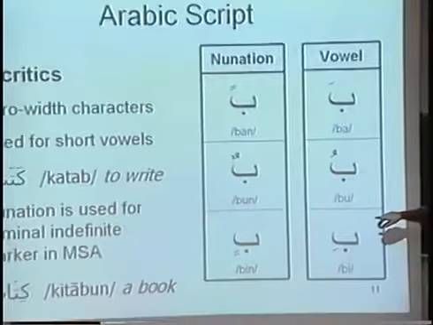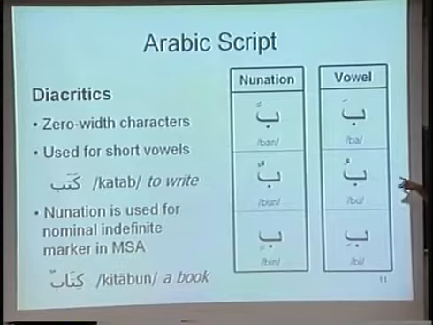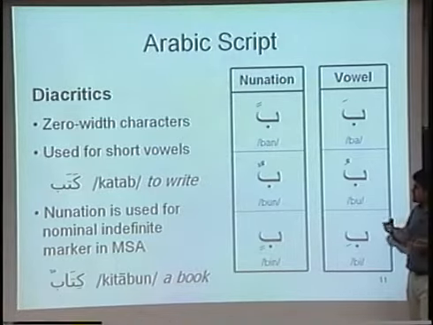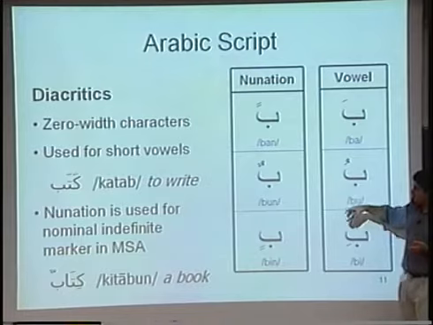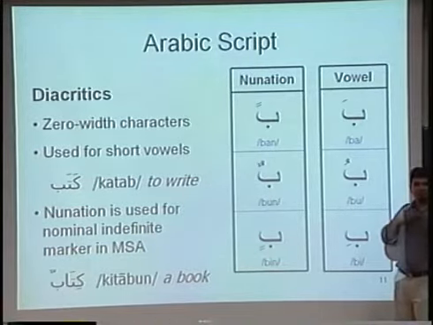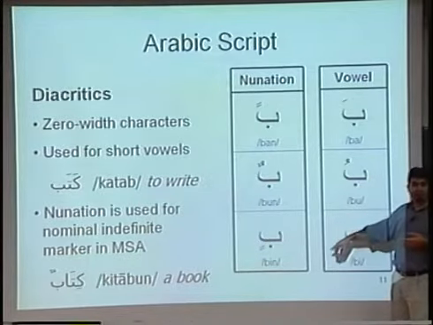There's another set of the diacritics called nunation. That's another one of those good words to know. It's a marker of indefiniteness. This came out of a discussion earlier, like a couple of days ago. So it's the marker of indefiniteness in Arabic. It's pronounced as a vowel followed by a consonant N. So it's always An, Un, or In.